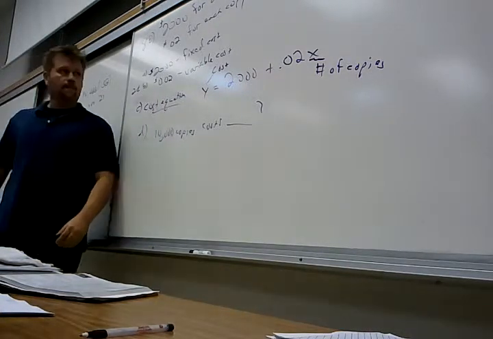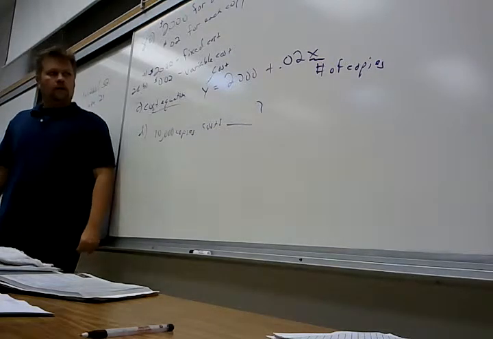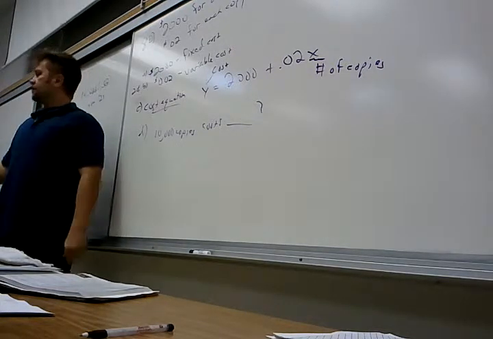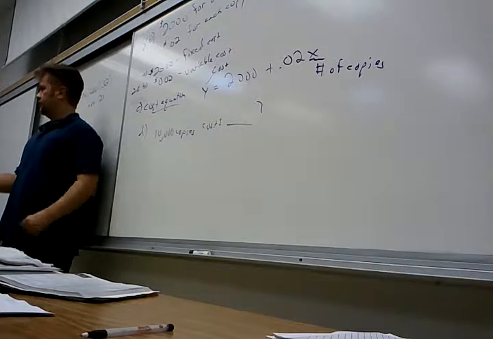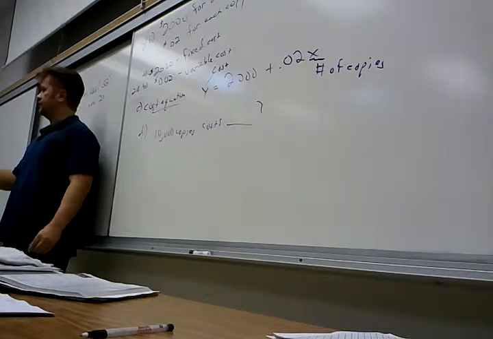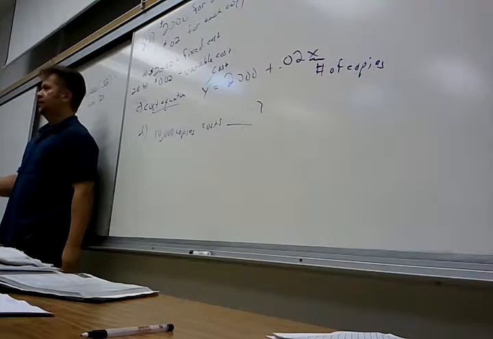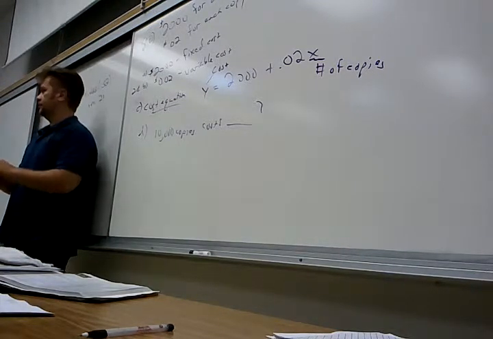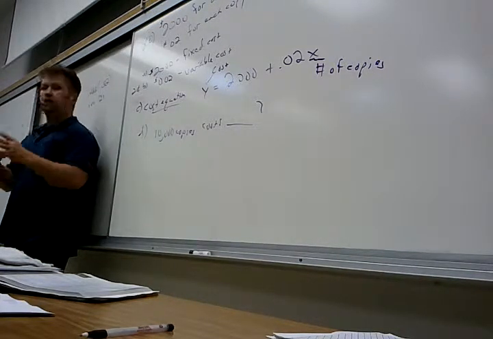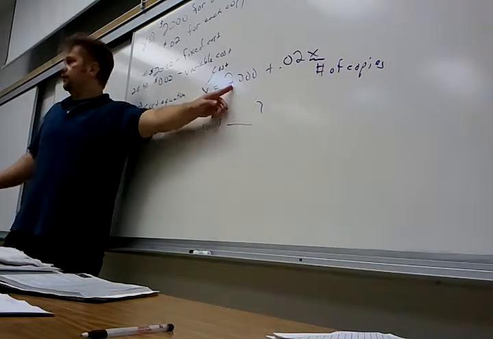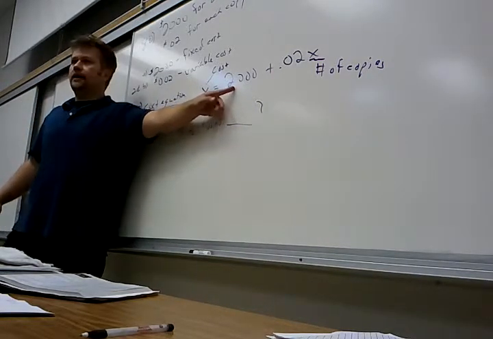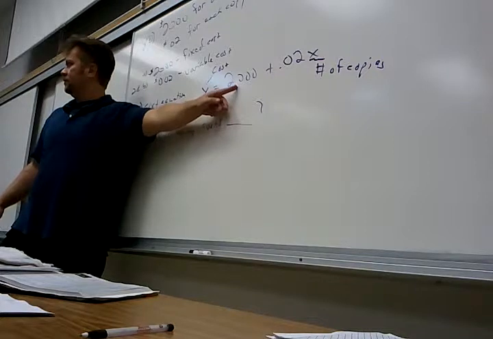How do I have to put the 2,000 in the equation? Because if you're going to tell somebody how much it's going to cost to set this up and then make 10,000 copies, if you leave the 2,000 out, you're lying. And you got to buy the copier. So they want to know what the total cost is, period. So it's going to be your overhead. In this case, my overhead is the copier. I guess I have it sitting outside because I didn't buy a building, but oh well.